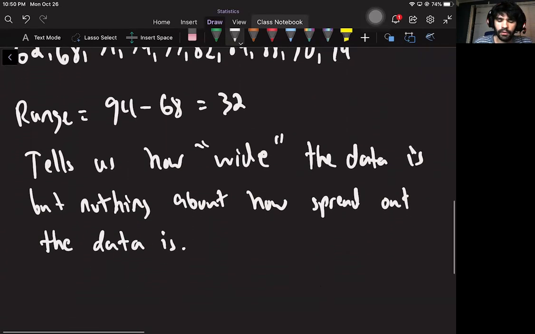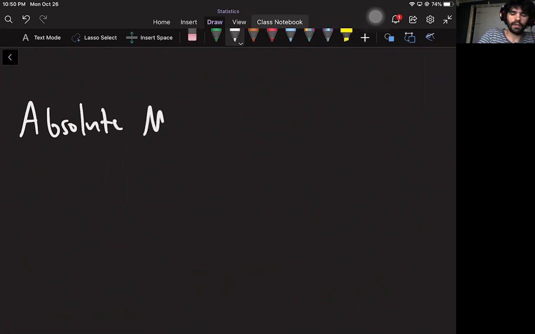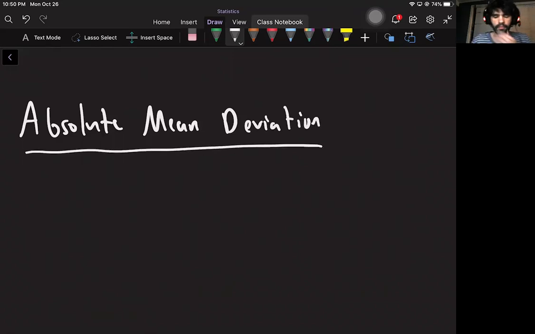Okay, so that's the range. Next one is slightly better. It has a very fancy name. It's called the absolute mean deviation. And it makes perfect sense because it's just doing exactly what we want.